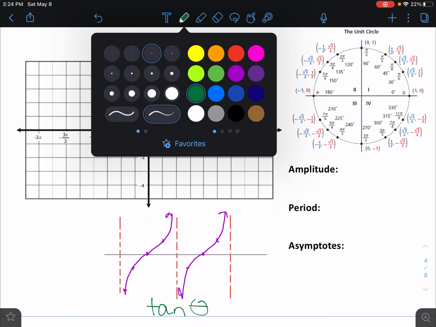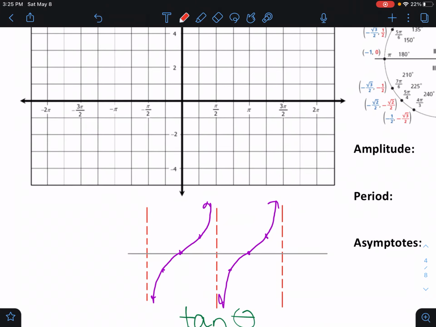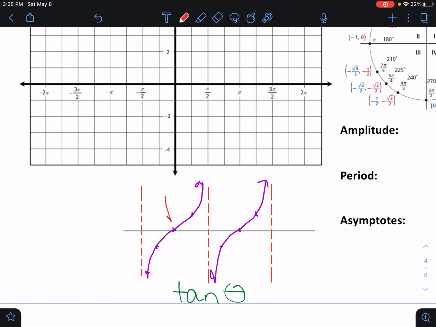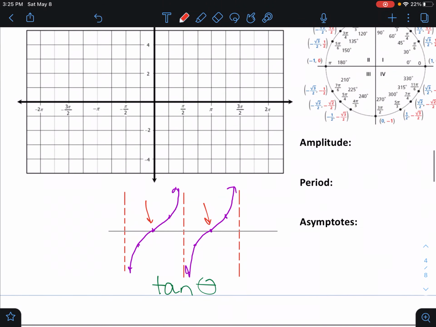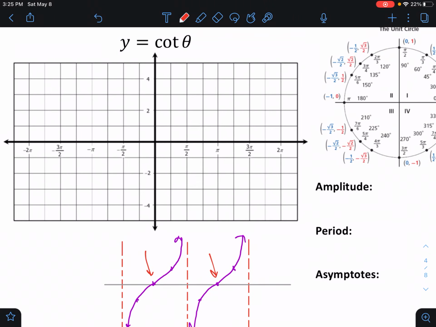Okay, so this is the tangent graph, and I notice right here, it's at 0, and at pi. So wherever it's at 0 for cotangent, I should have an asymptote line. So that means I'm going to have an asymptote line right here, and I'm also going to have an asymptote line right here, and then I would have another one right here.